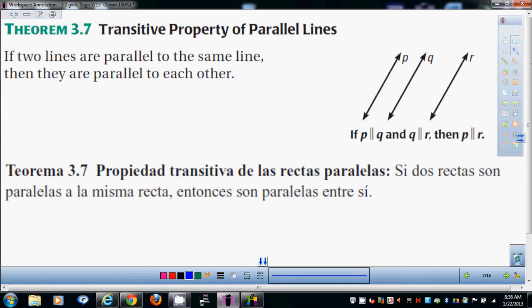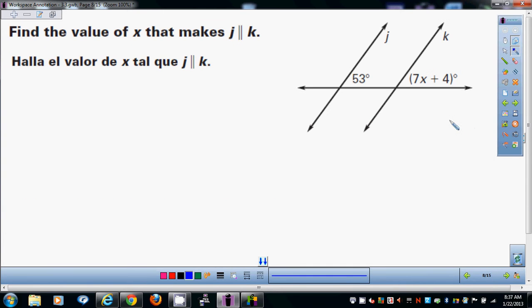Okay, here we go. Find the value of x that makes j parallel to k. What kind of angles are those? Well, what is the vocabulary? Corresponding, that's right. Now, if these lines are to be parallel, then their corresponding angles have to be what with each other? Congruent. And things that are congruent, we do what with each other?